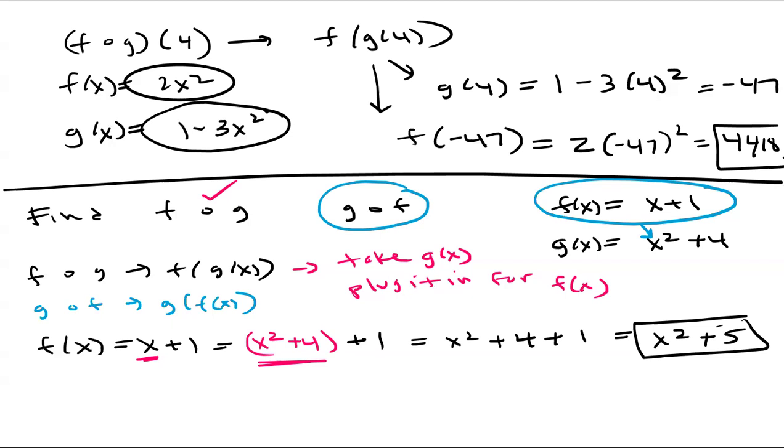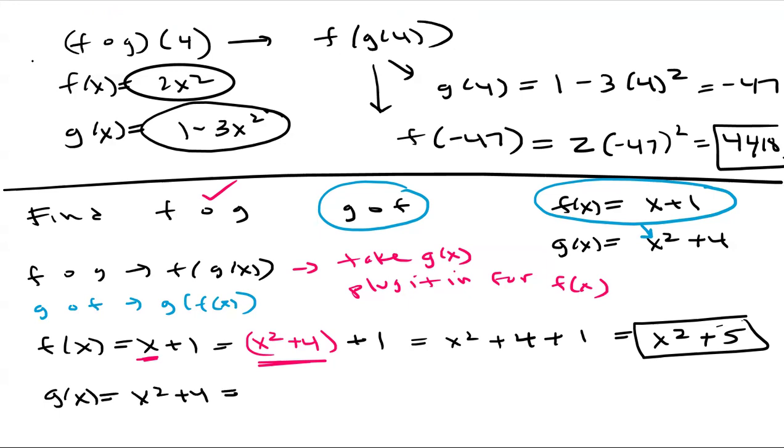Okay. All right. So what does that look like? Well, we get g of x is equal to x squared plus 4. Actually, let me use a different color here. So g of x is equal to x squared plus 4.